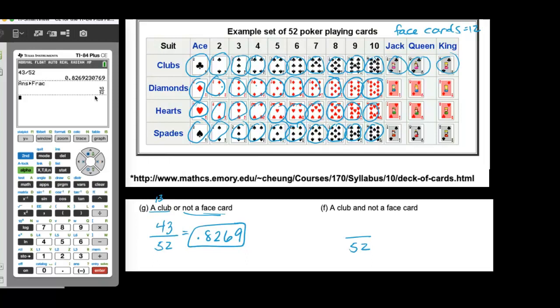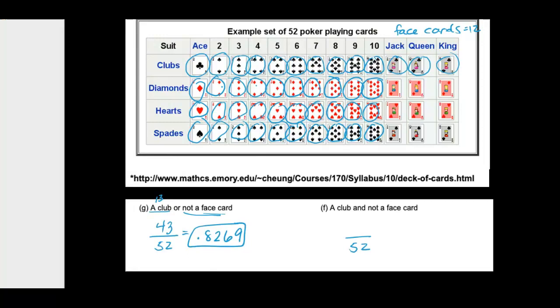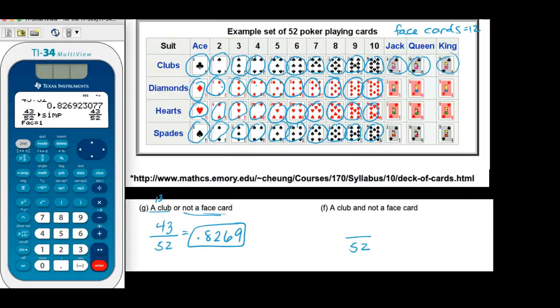Okay, so let's look at the next example. Here we're trying to find the probability of a club and not a face card. It's basically the same question as before, except for one big difference. Notice here there's an and, whereas before there was an or.